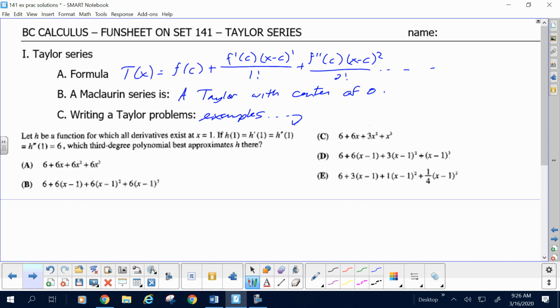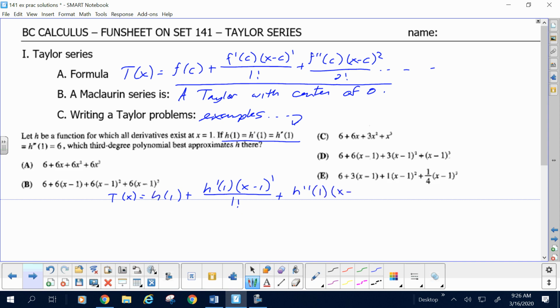All right, so if they give you facts about the function, the derivative, the second derivative, etc., then you should be able to write a Taylor series. The Taylor here then, using the same idea, is h at 1 plus h prime at 1, x minus 1 to the first over 1 factorial plus h double prime at 1, x minus 1 to the second over 2 factorial.